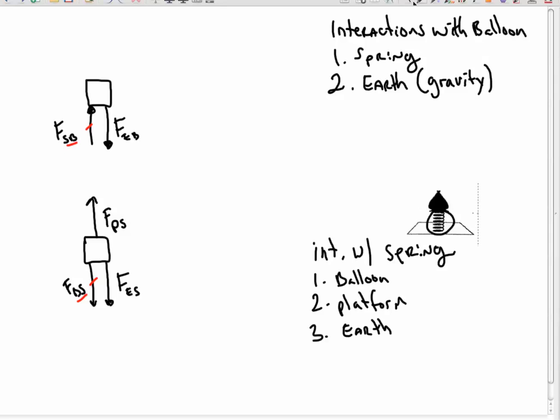All right, one other thing we can do here. Sometimes a question comes up like this. Do we need to draw these arrows down here?